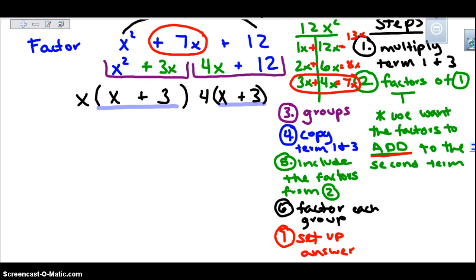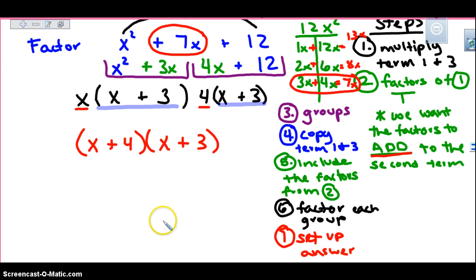Here we go. This x and this 4 will be in one parenthesis, x plus 4. This parenthesis that I underlined in blue, see how they're exactly the same? We're only going to use it once, x plus 3. This right here is my answer.